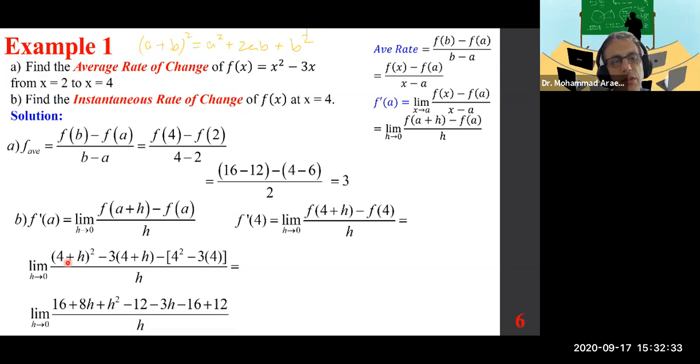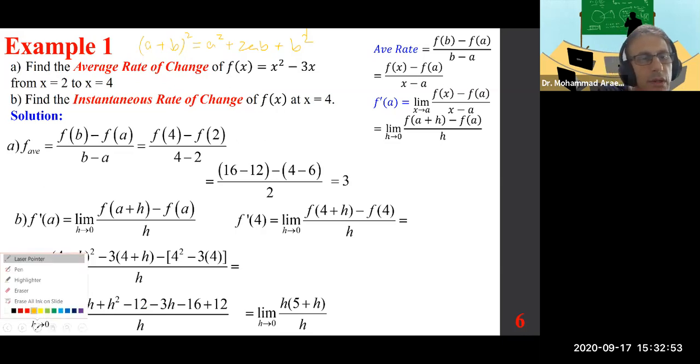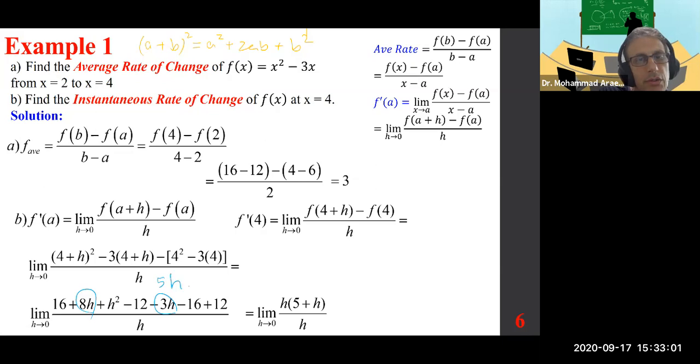And so what happens, most everything cancels out, okay? So 16 and negative 16 go away, negative 12 and 12 go away. You have 8h and negative 3h, they give us 5h. So you have 5h plus h.